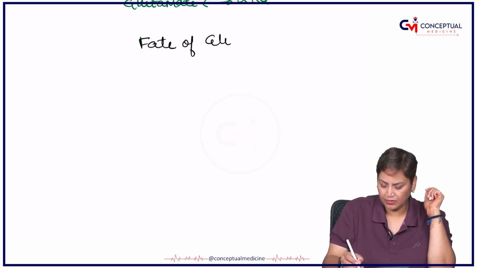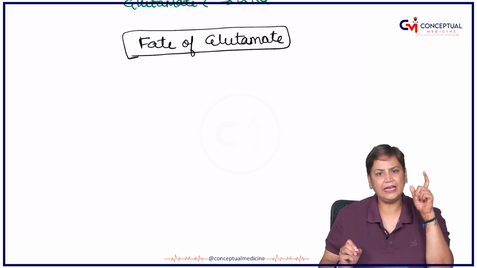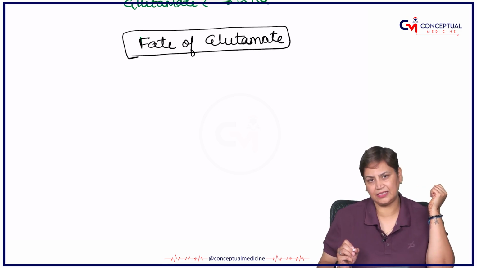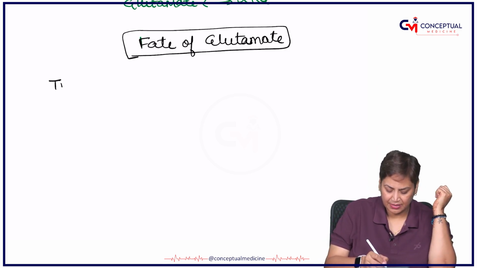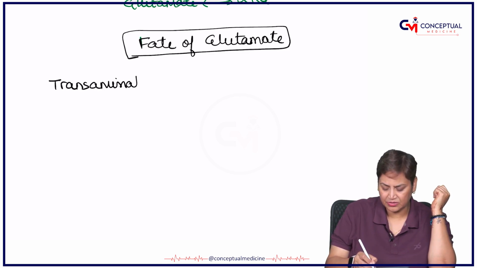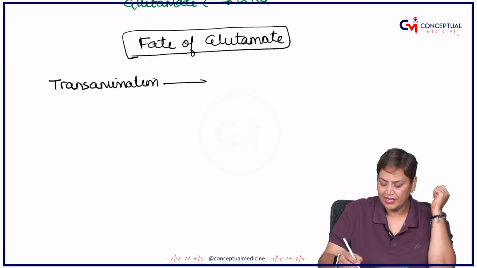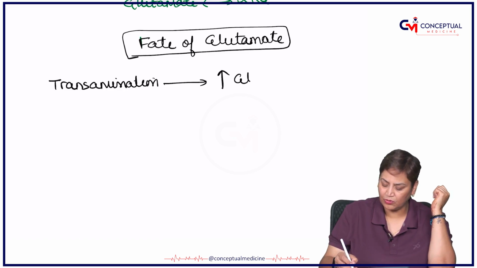Fate of glutamate is that it has to undergo two processes at the same time, because transamination, in the simplest language, is leading to an increased pool of glutamate.